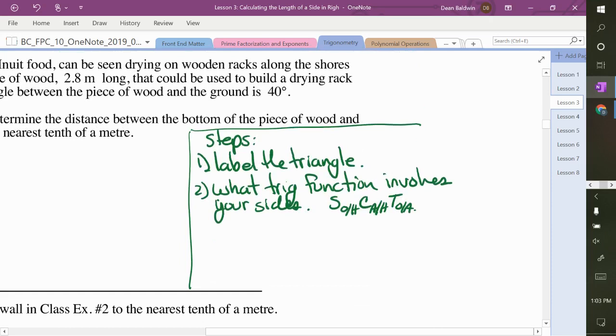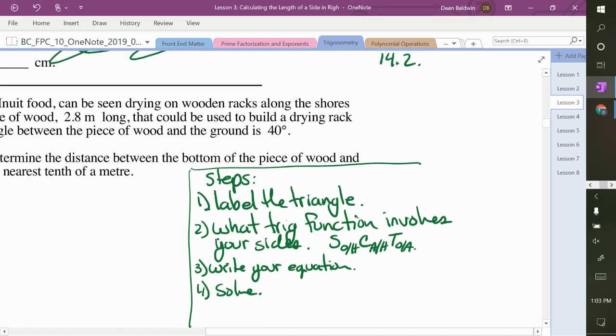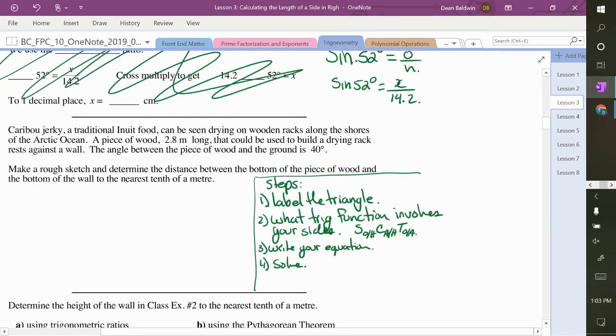So the third step would be write your equation. And the fourth step is to solve it. So sine 52 is equal to X over 14.2.